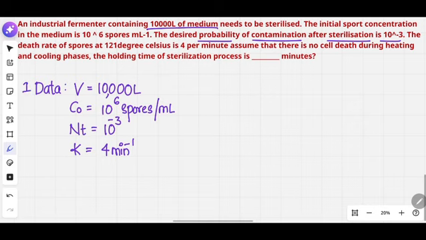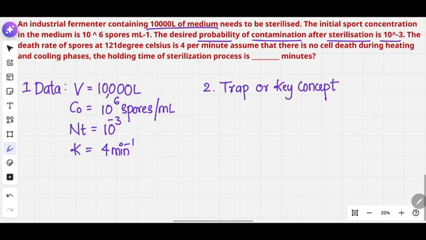Here, the first thing we need to do is identify the trap. What is a trap? You can also call it a key concept that you need to understand.